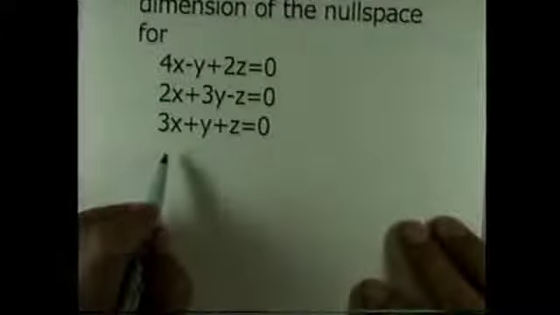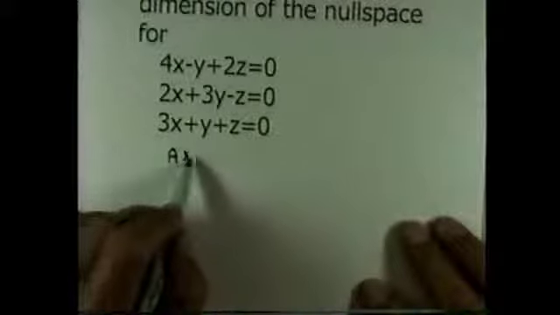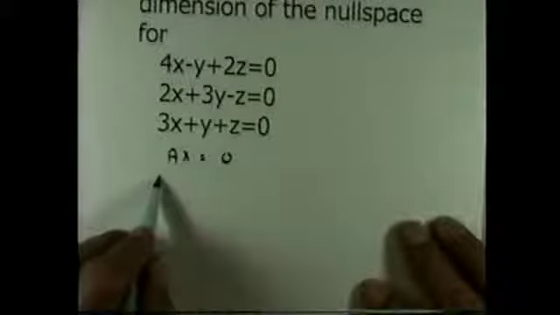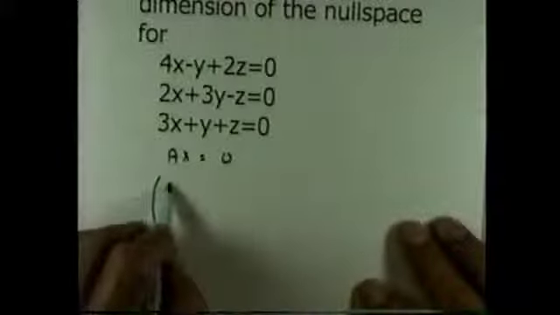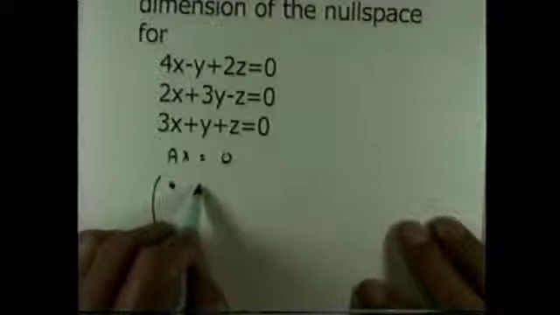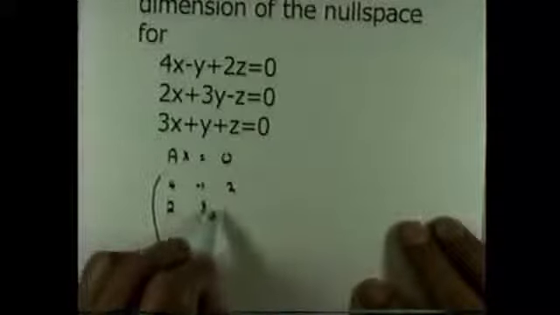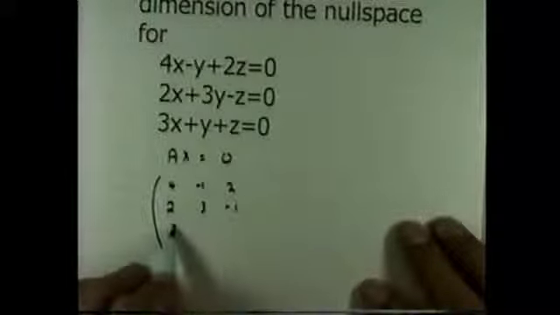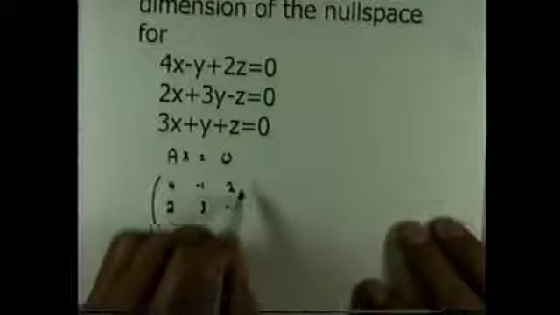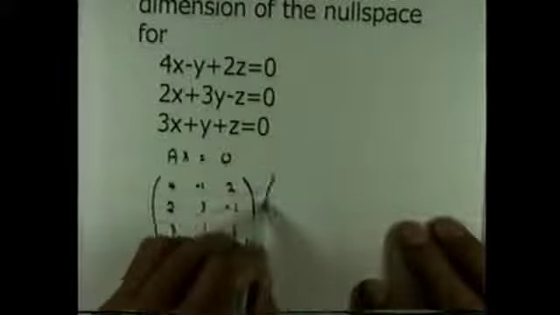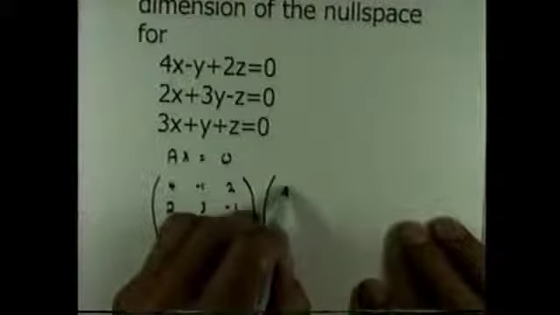I can write it in the Ax equals 0 form as the matrix [4, -1, 2; 2, 3, -1; 3, 1, 1] times [x, y, z] is equal to 0.